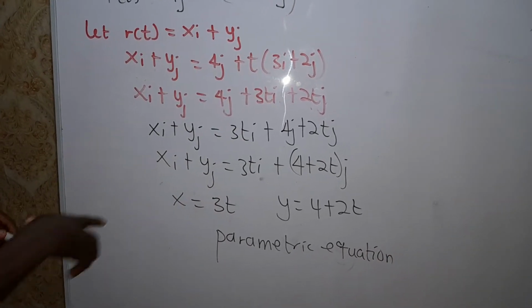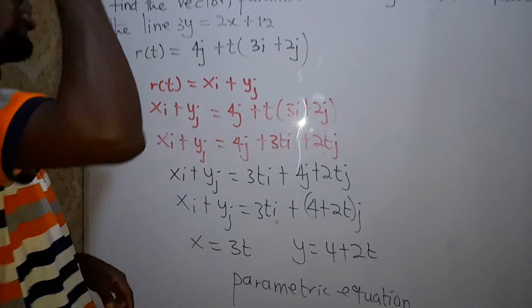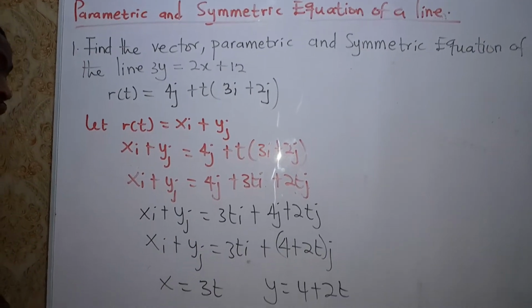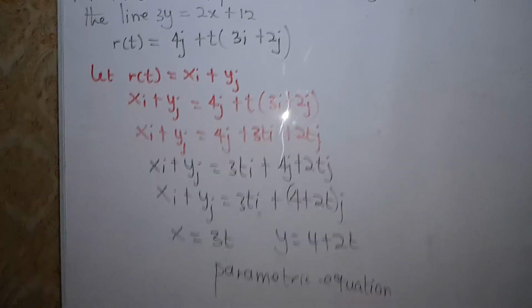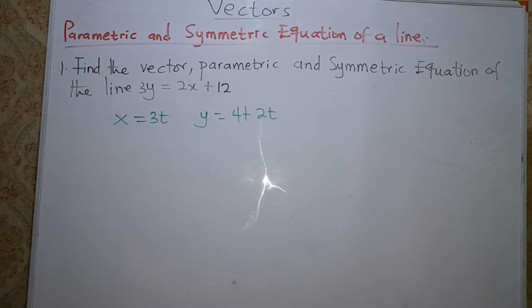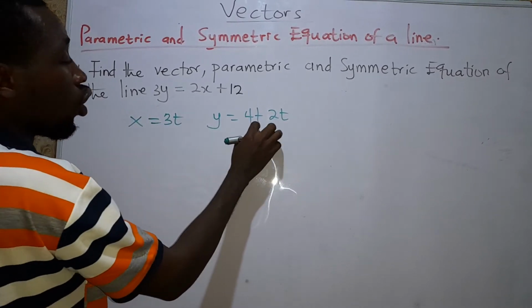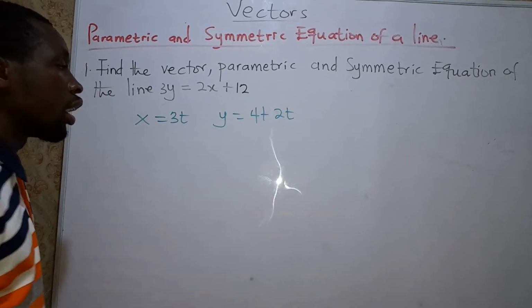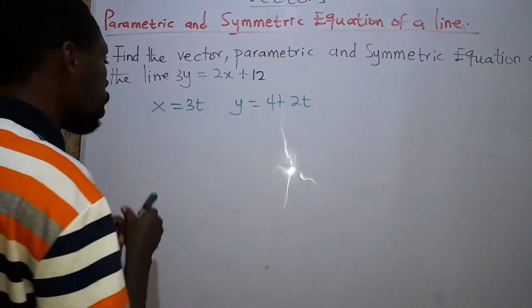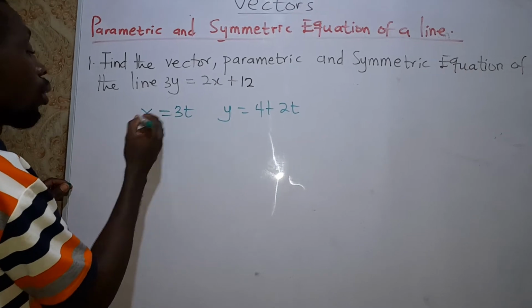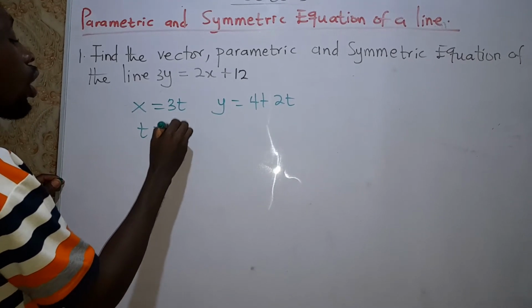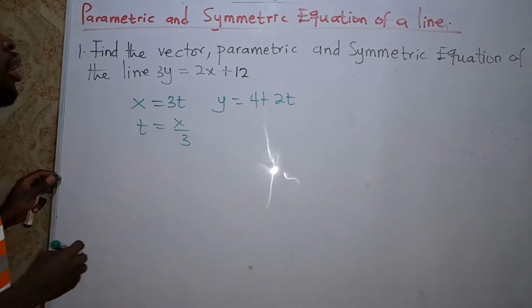So now that we know the parametric equation, we can also find the symmetric equation of the line. Since we know our parametric equation as x equal to 3t and y equal to 4 plus 2t, we just make t the subject in each of the equations. So when we divide both sides by 3, t will be equal to x over 3.